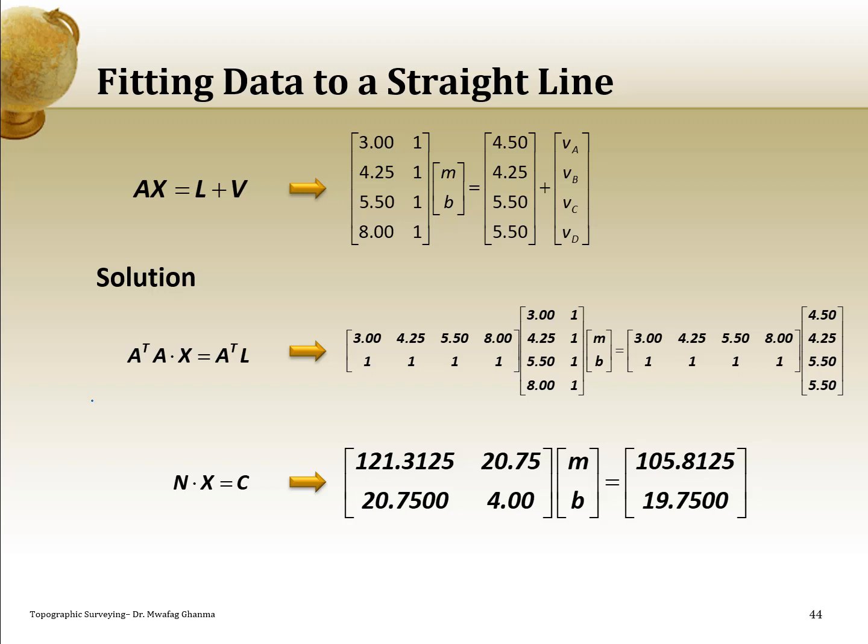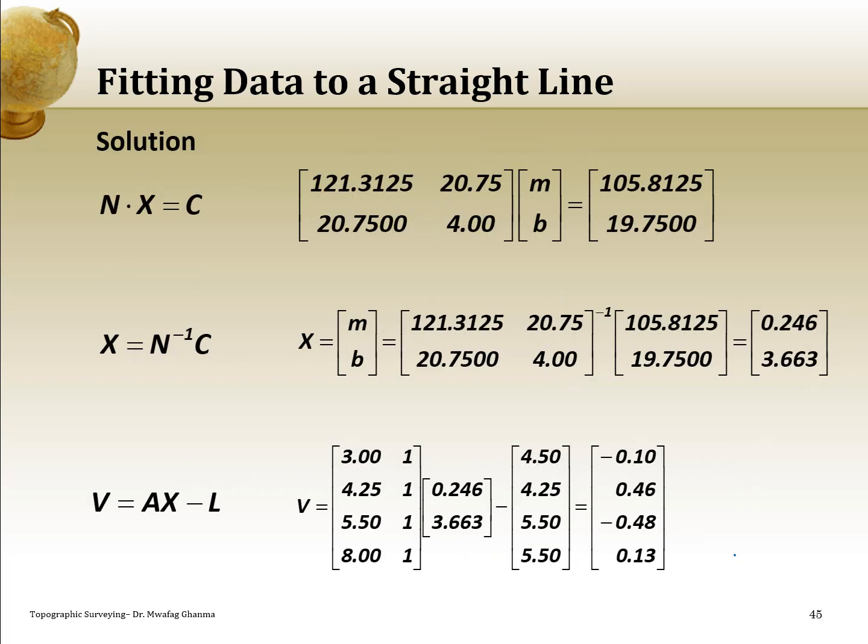As you can see here, the solution is that we take this A transpose, and this is A, the original A, and this one is A transpose again, and this is the L vector. Do the multiplication, do the inversion, and we will get this is the C, and this is X, and this is N. All we have to do is invert N and multiply N minus 1 on the left and the right.